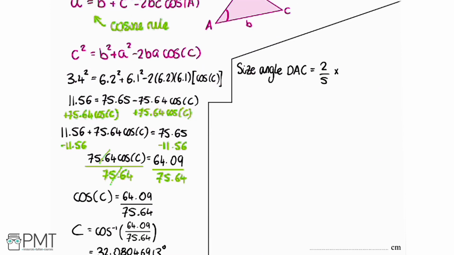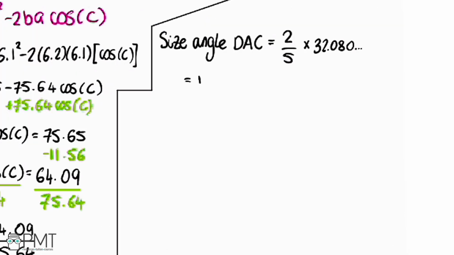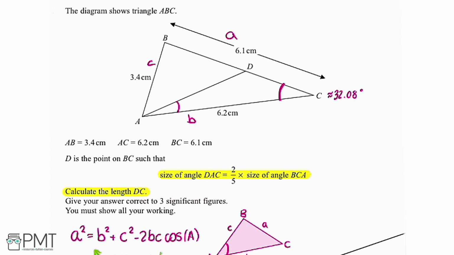So we're going to have the size of angle DAC equaling 2/5 multiplied by our 32.080 number. So if we work this out in our calculator, and it's great if you store this long number in the calculator, you can reuse it in the calculation to make it really accurate. We should get that equaling 12.83218765. So this angle here is approximately 12.83.